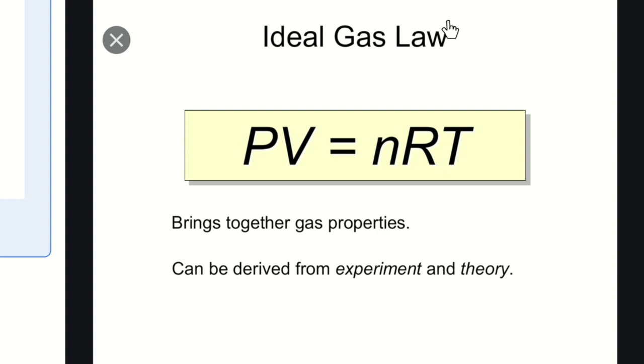In any real gas, the particles themselves take up some volume, and there are always some intermolecular forces between particles that are close together. Although it doesn't perfectly describe the behavior of any real gas, it is useful because it closely describes the behavior of most gases.